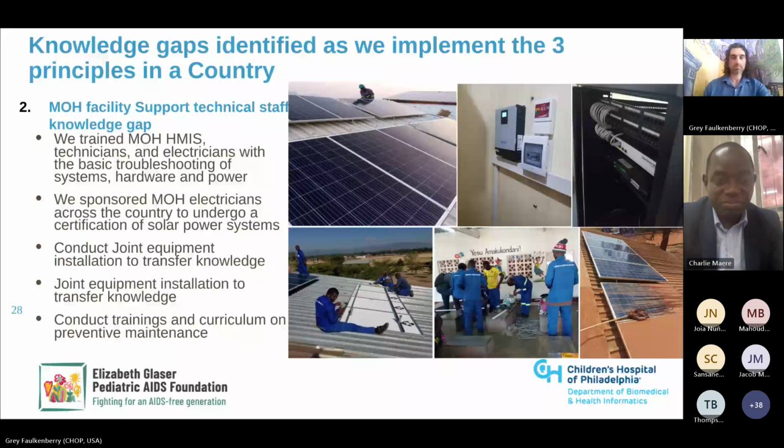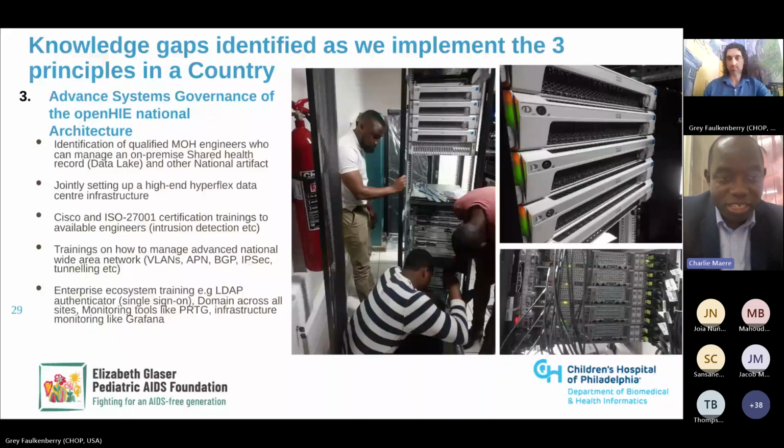Next slide. The third one is at national level within the OpenHIE architecture, which is the most challenging one, where it involves advanced system governance and also national architecture.